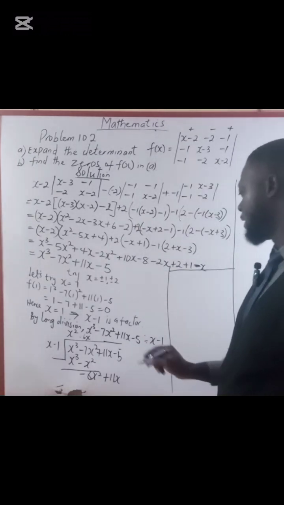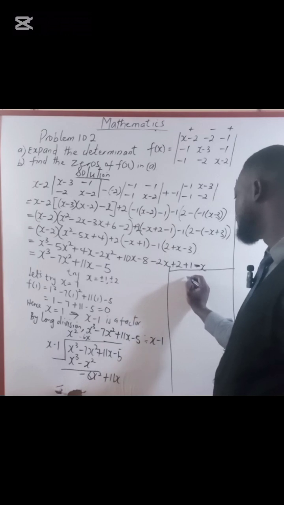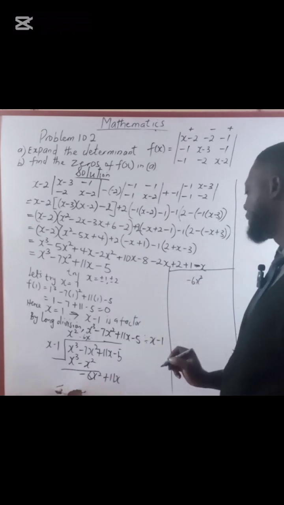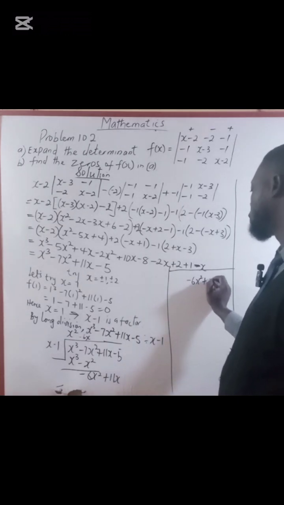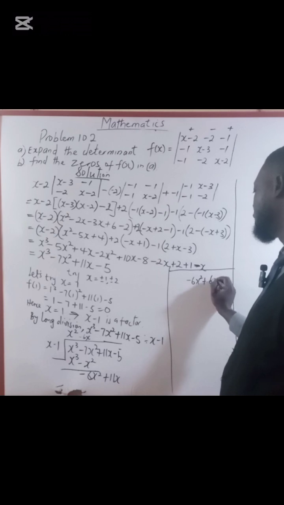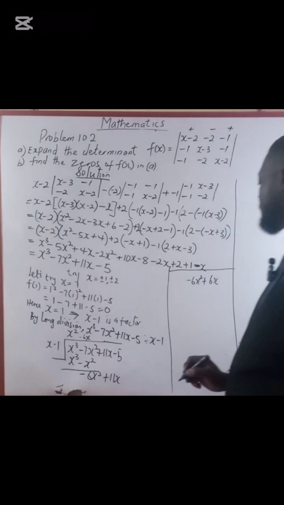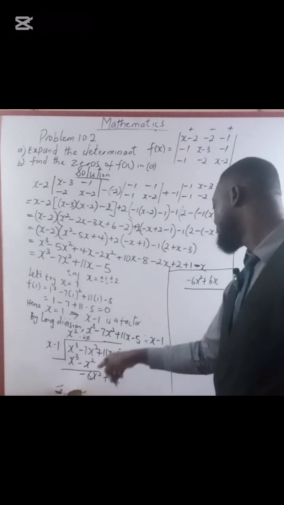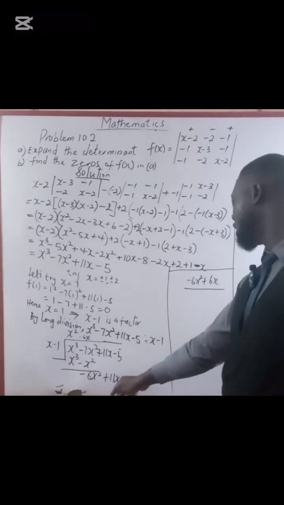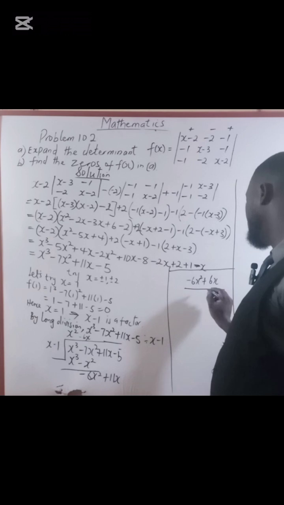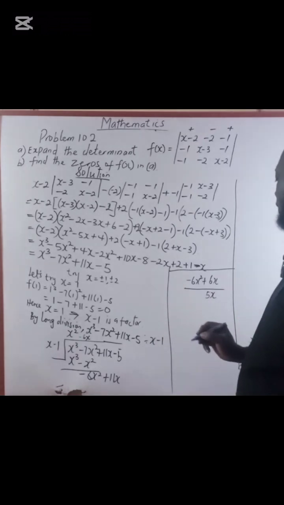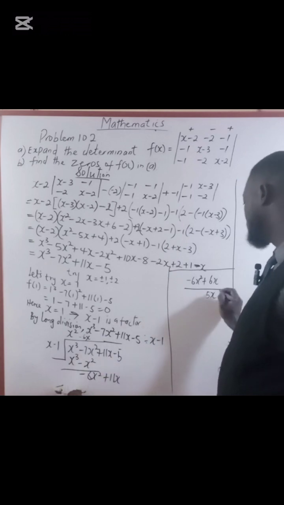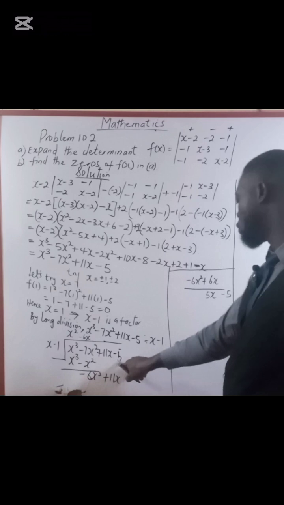So you multiply it, you have minus 6x squared plus 6x. So we subtract again: minus 6x squared minus this will give me 0, and 11x minus 6x will give me 5x. So I bring down minus 5.